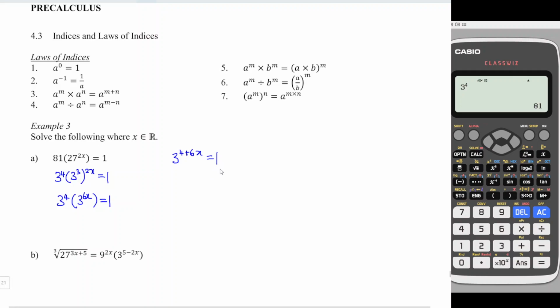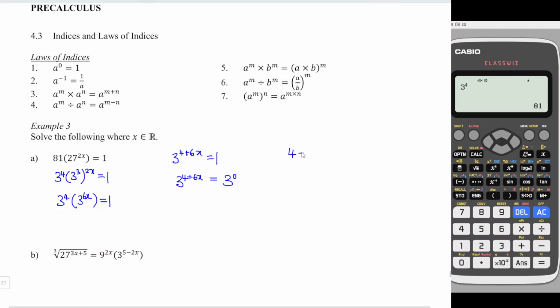And from here, unfortunately, this is 3 and this is 1. We are not able to compare the left hand side and right hand side. So what we have to do here is refer to law number 1. As we can see, anything to the power 0 we obtain 1, which means that we can rewrite 1 as 3 to the power of 0. So 3 to the power of 4 plus 6x is equal to 3 to the power of 0, which means that 4 plus 6x should be exactly equal to 0.